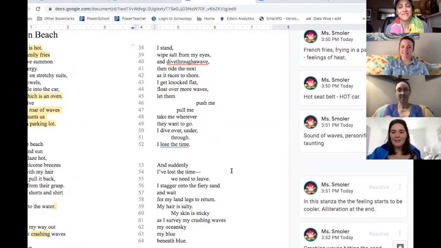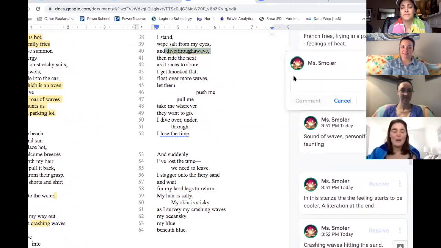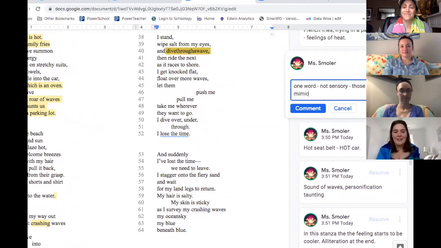Well, I loved in line 40 how the author chose to write dive through a wave as one word. And even though this isn't necessarily a sensory detail, this spoke to me because I felt like those words being crunched all together almost mimicked a wave slapping the speaker in the face.